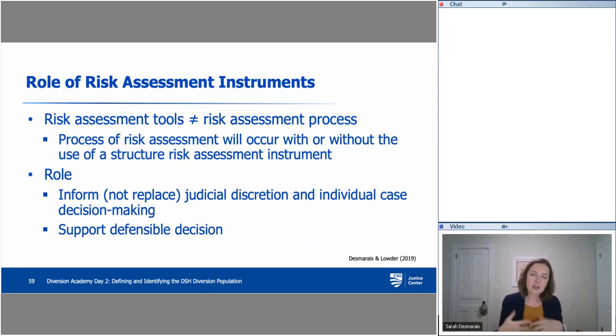You're still going to need strategies for monitoring. You're still going to need to think about how you collaborate and communicate. The risk assessment tool will really just provide more structure and evidence behind these decisions and help support a defensible decision-making process.